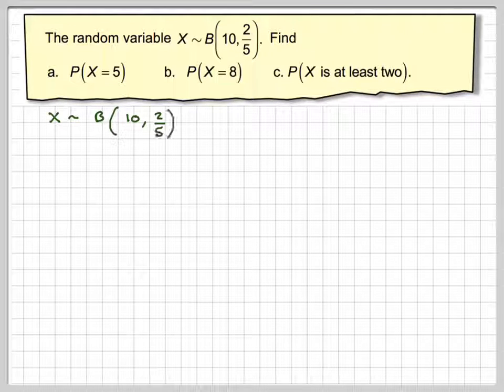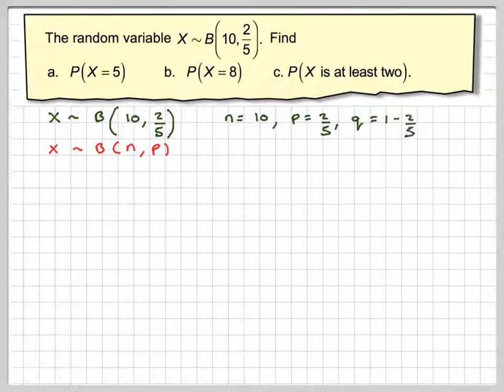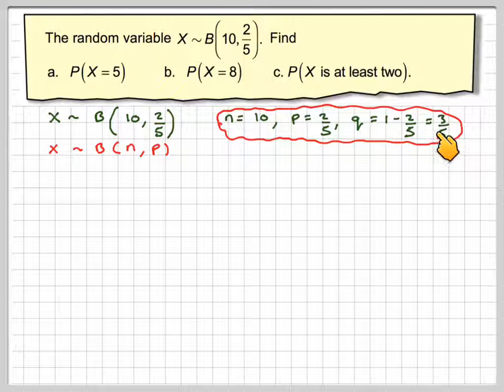So we've got x is binomially distributed, n is 10, probability of success p is 2/5. So that means n is 10, p is 2/5, and we can calculate q being 1 minus 2/5, which is 3/5. Remember, these two add up to 1. So in the first case, we've got the probability that x is equal to 5.